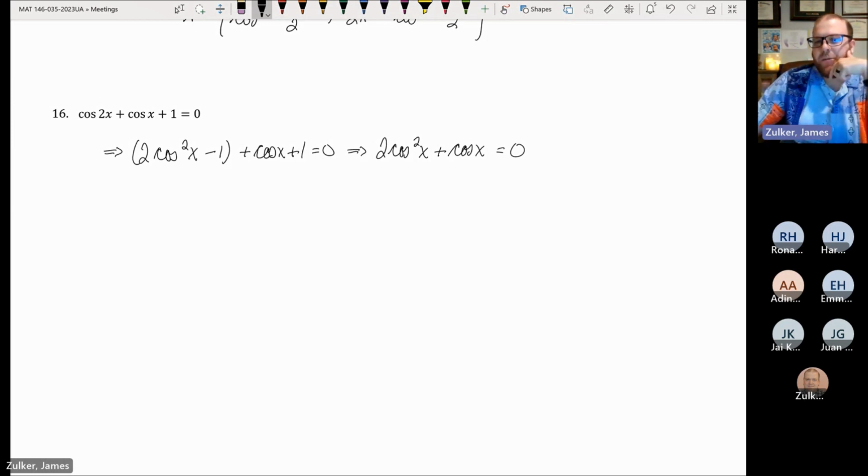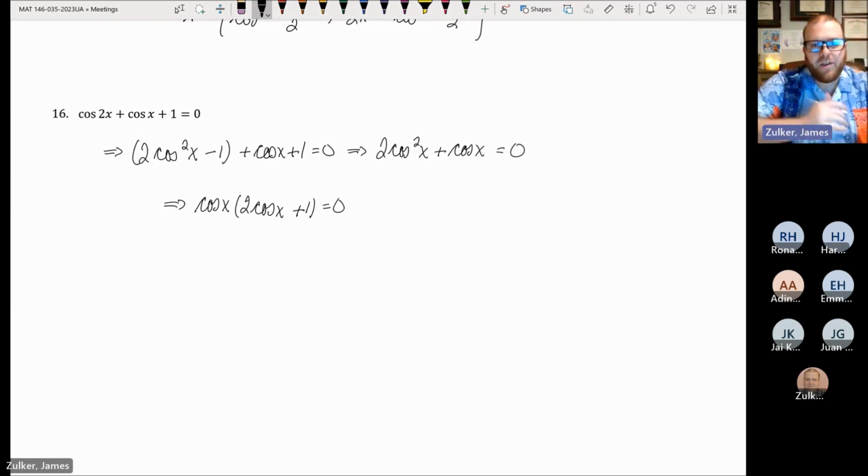All right, so 2 cosine squared plus cosine is 0. Factor out the cosine.